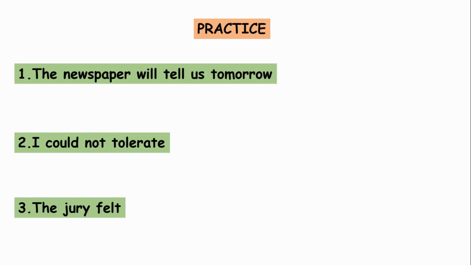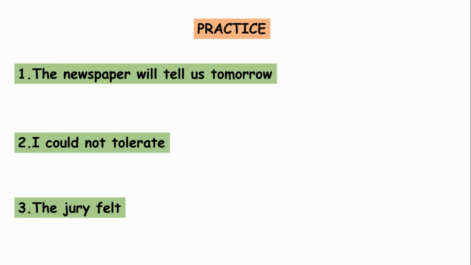The newspaper will tell us tomorrow. You can put a full stop there. Technically, grammatically it is right. Logically it may need something else, but grammatically and technically it is right. No problem with that. I couldn't tolerate. What you couldn't tolerate, that is a different question. This clause has nothing to do with that. It is an independent clause.